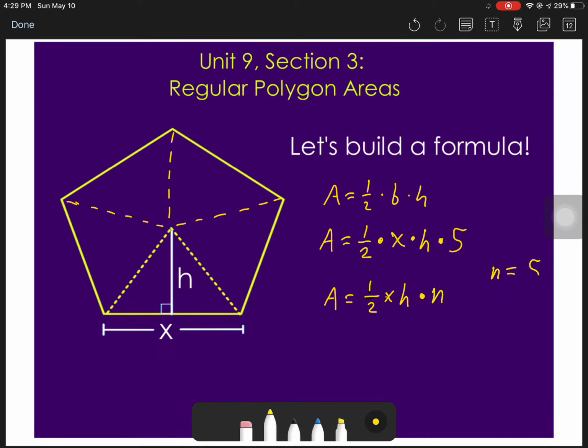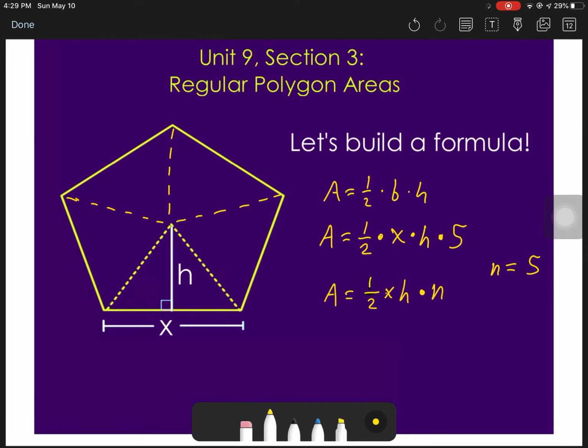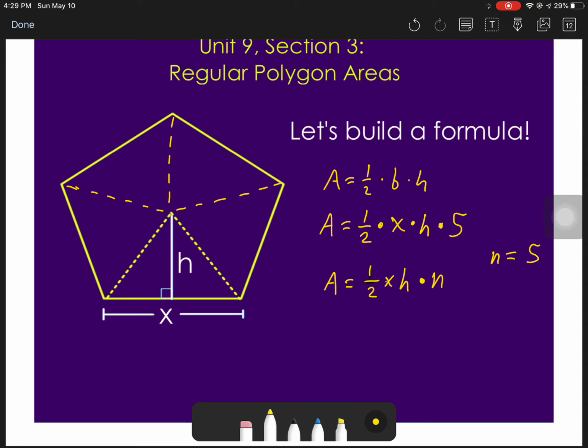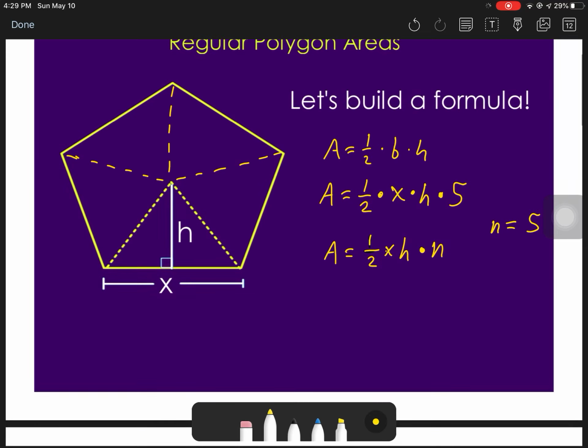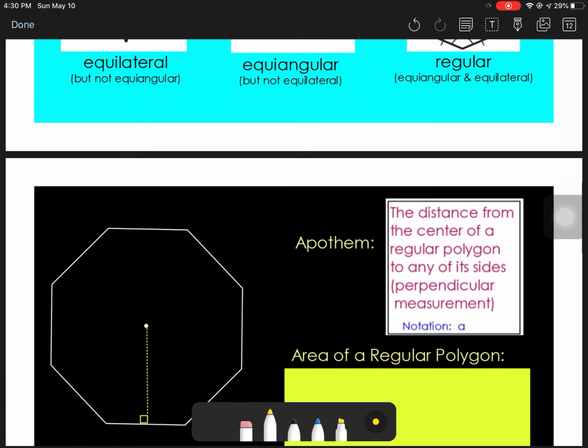So in this case, our n equals 5. But the general formula that we're going to find for this, we'll talk about this a little bit more of what h and x are going to represent. This is how you find the area of regular polygons. And the n is what's going to be changing every time, as well as the side lengths. And we have a special name for the height. So now I'm going to scroll down here.